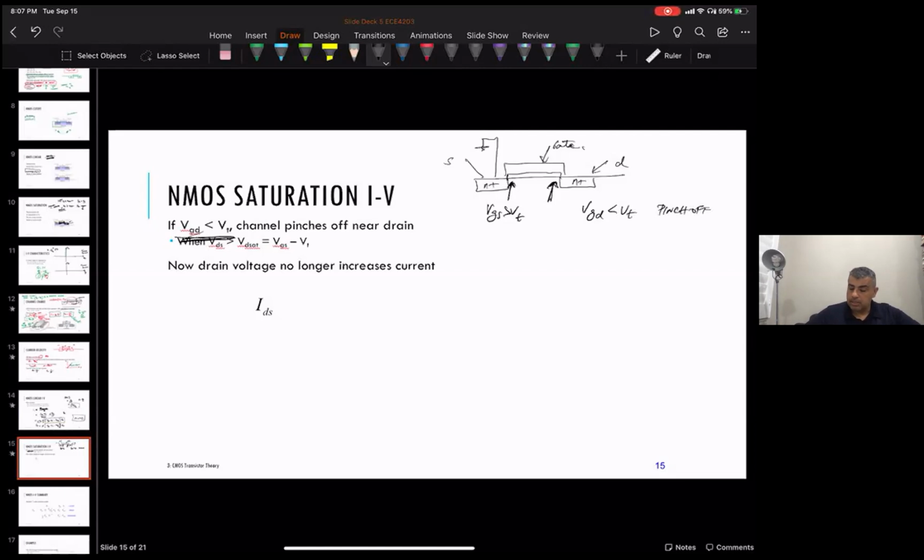That happens when the drain source voltage is larger than VD sat, and we talked about VD sat last time: VD sat is equal to VGS minus VT. So I'm going to rewrite the equation from the linear mode, but substitute VD sat for VDS, because after that point the ID doesn't change.